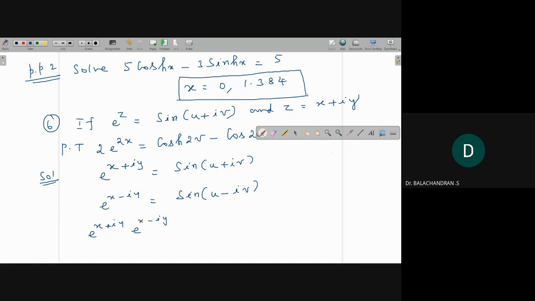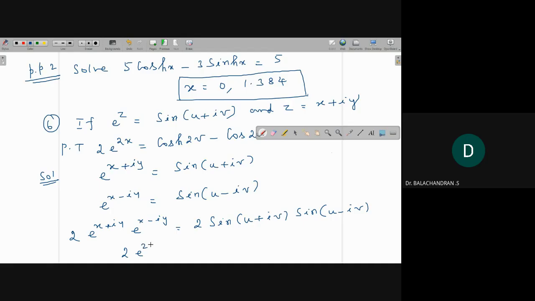So I will do one more step. Here also multiply by 2, sine of u plus iv into sine of u minus iv. So here the left hand side is what? 2 into e power x, here have e power x, here have e power iy, here have e power minus iy.